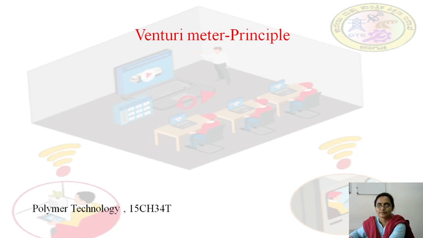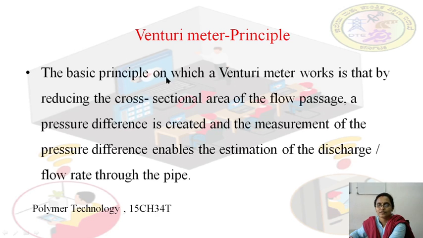Venturimeter principle. The basic principle on which a venturimeter works is that by reducing the cross-sectional area of the flow passage, a pressure difference is created, and the measurement of the pressure difference enables the estimation of discharge or flow rate in a pipe.